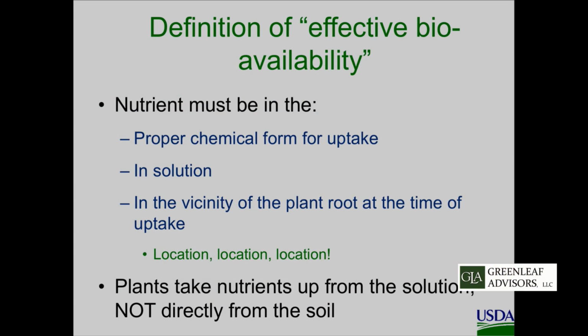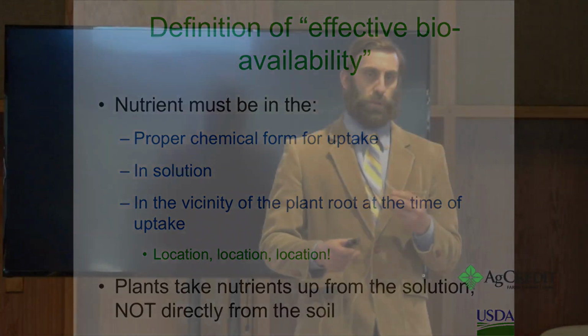This is for all nutrients, but we're going to focus on phosphorus. The nutrient must be in solution, and the nutrient must be located in the vicinity of the plant root at the time of uptake. That's very, very important for phosphorus especially, not nearly as important for nitrogen. So keep in mind throughout this whole discussion, plants take up nutrients from the solution. Plants do not take up nutrients from the soil. The soil feeds the solution.